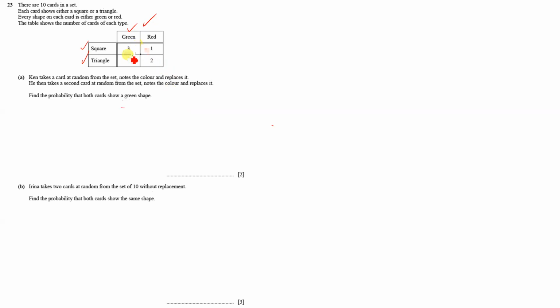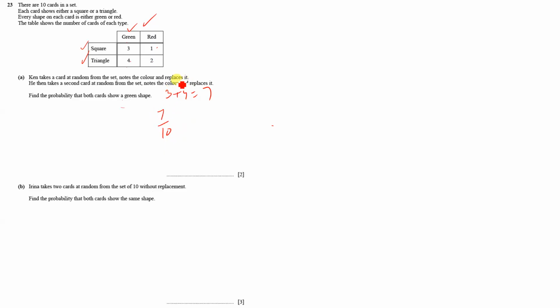So total number of green cards is 3 plus 4, that is equal to 7. And the total number of cards are 3 plus 1, 4, and 4 plus 2, 6, so 10. It means the first card Ken takes is green, is having the probability 7 over 10.